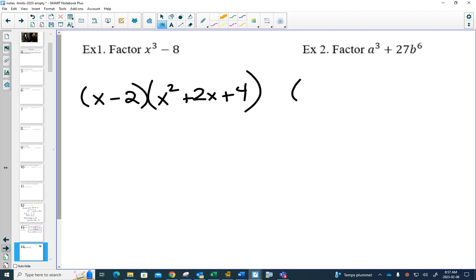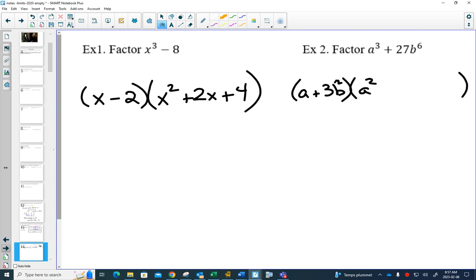For the second one, it's adding, so it's going to be a plus 3b. And again, even without using the formula, I'd probably start with going, I know this has to be a squared. And without using the formula, oh, thank you, this b squared.